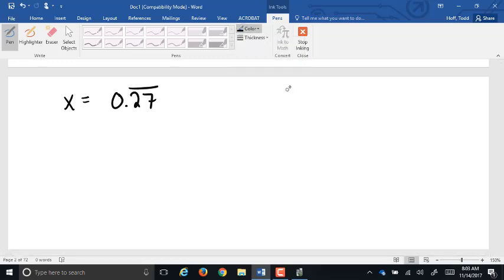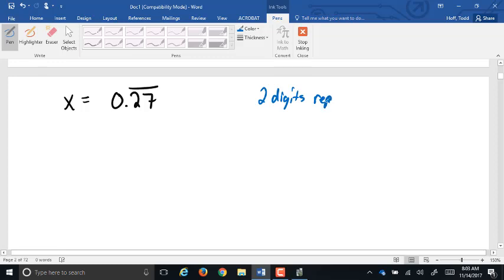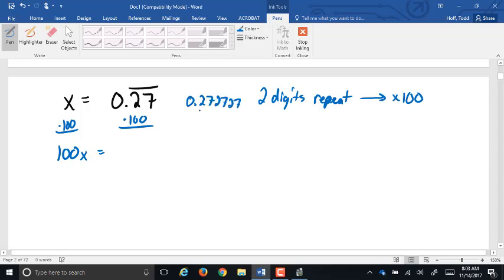How many digits repeat here now? When it was 1 digit repeating, we multiplied by 10. When it's 2 digits repeating, multiply by 100. So x times 100 is 100x. Here again, you're thinking that's 0.272727, and multiplying by 100 moves the decimal point over 2 spots.